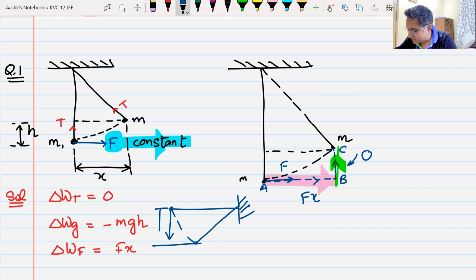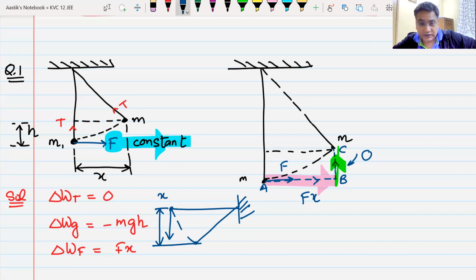This distance is given as x. Gravity is constant. Force F is also constant. Work done is F into x. So you could have understood it this way. The way of doing that integral, you will get caught in that integral because you will make a mistake in that integral. And that is not what the conceptual understanding is. Do we understand this?